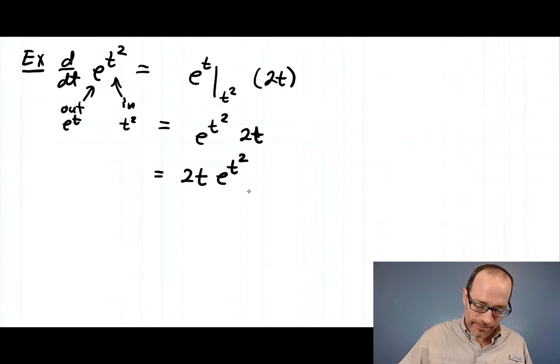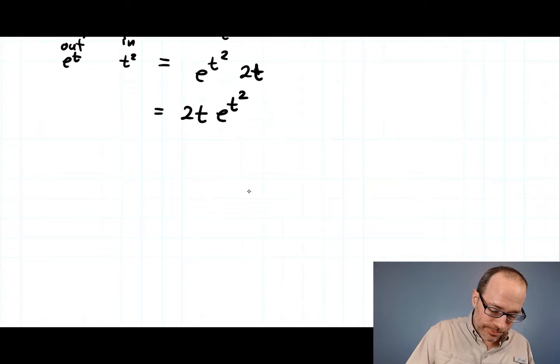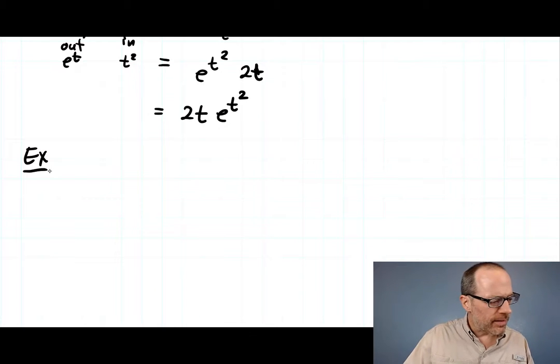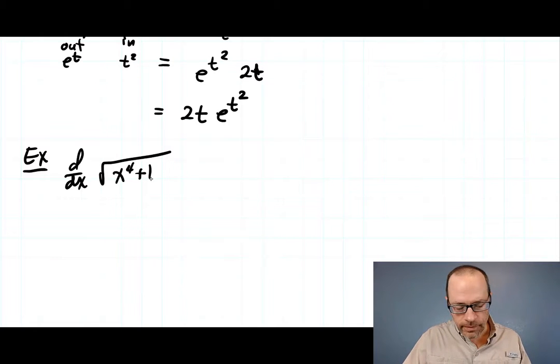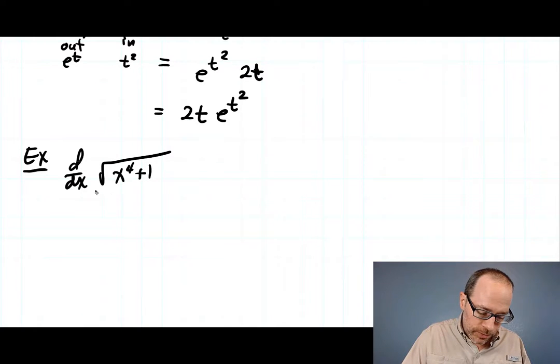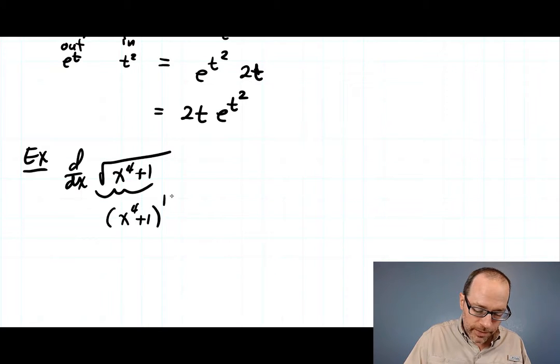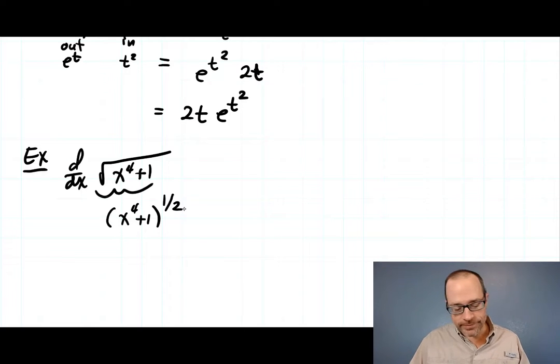All right, and one more example. Let's do d by dx of the square root of x to the fourth plus 1. It's helpful to think of this function as x to the fourth plus 1 to the 1/2 power.